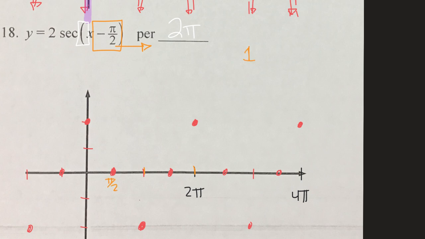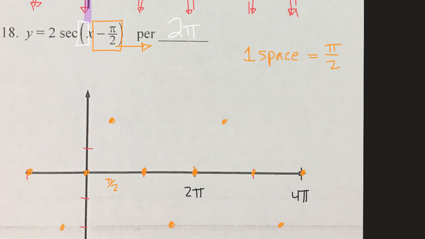So on the way that I have graphed it, I'm going to be moving each of my points over 1 space, because that's the pi over 2 units. So all of my red dots are going to go over to the right 1 space. So this is how we do a phase shift. The same as with cosine, the same as with sine. All of our points got moved over.